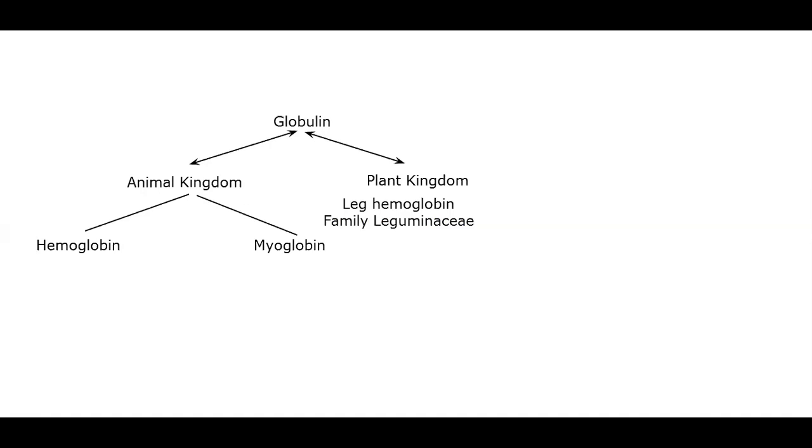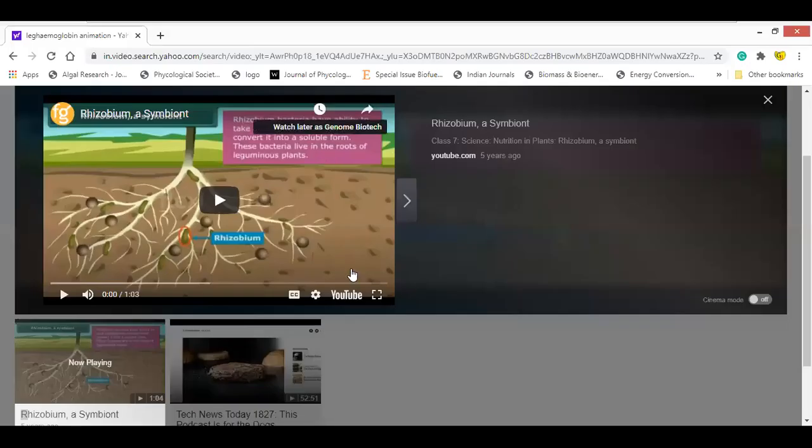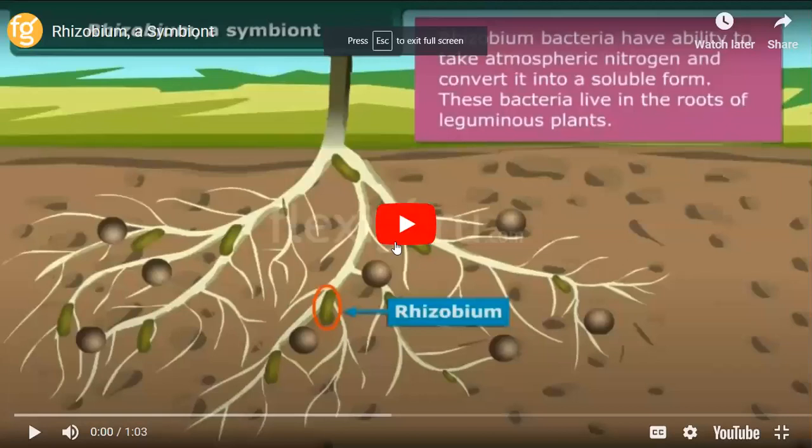Just a minute. I'm sharing the video with you all, so that you can understand the concept of the Leguminosae family and how leghemoglobin works in the case of Leguminosae plants.